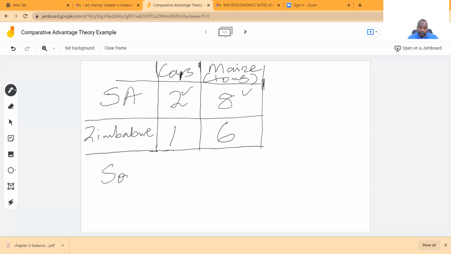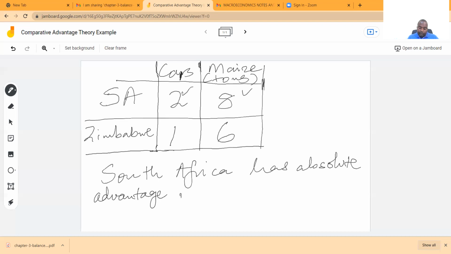SA, South Africa has absolute advantage in producing both cars and maize.